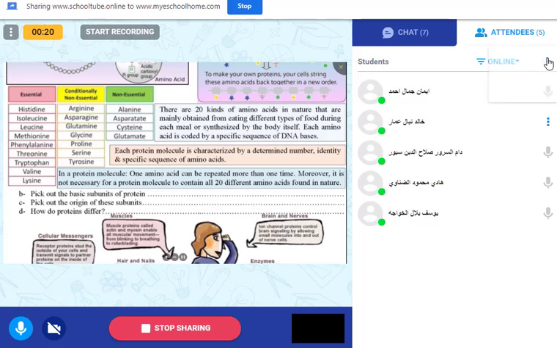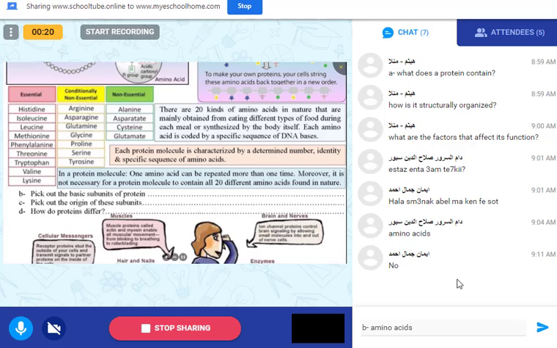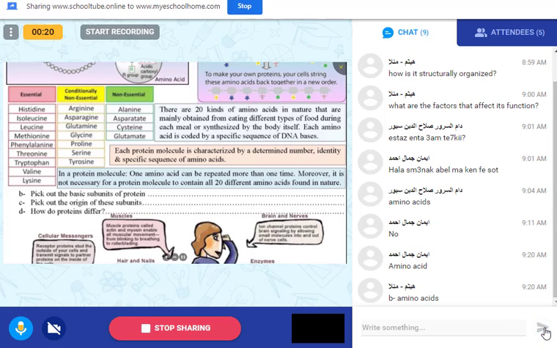Where is Khalid? Khalid is here. Yusuf, what are the basic subunits of the proteins? Yalla, help us with this. Amino acids, bravo Iman. So they are the amino acids. Very good. Okay, what is the origin of these subunits? Pick out the origin of these subunits.